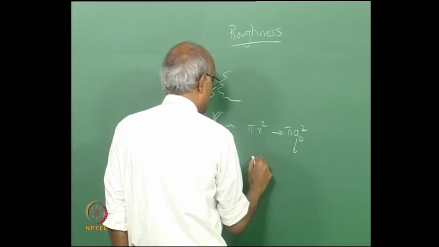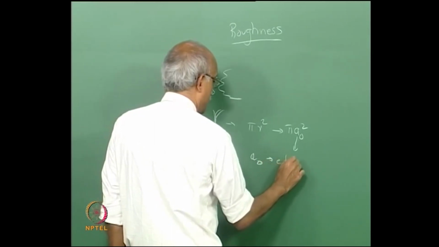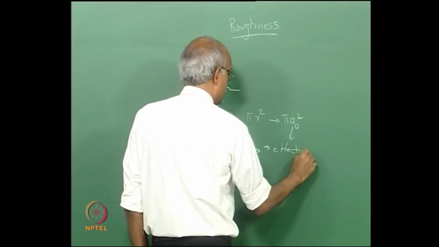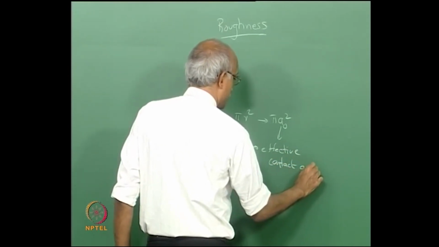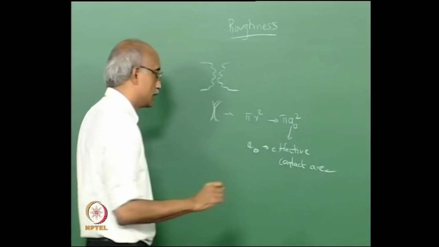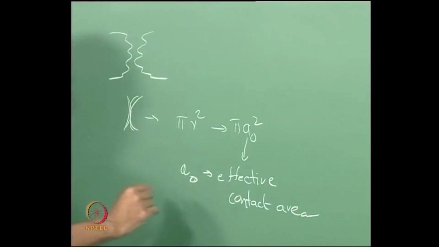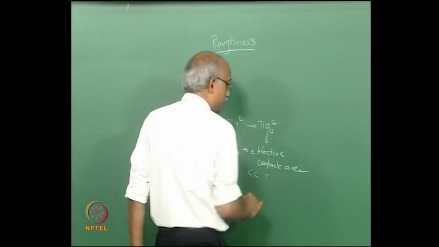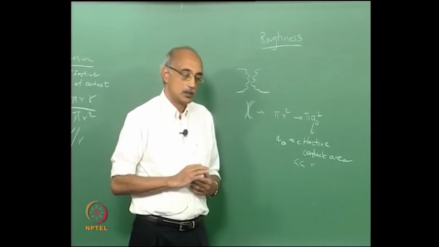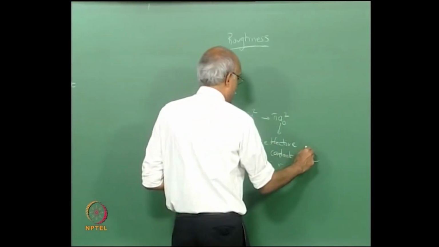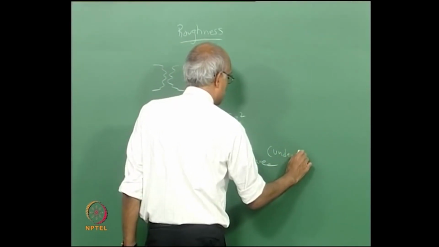So, this has a tendency of essentially reducing your area from pi r squared to pi a0 squared, where this a0 is an effective contact area, and this a0 can be significantly less than what we had earlier estimated as R. This effective contact area, by the way, is calculated under 0 load conditions.